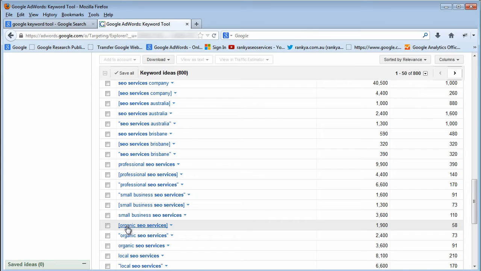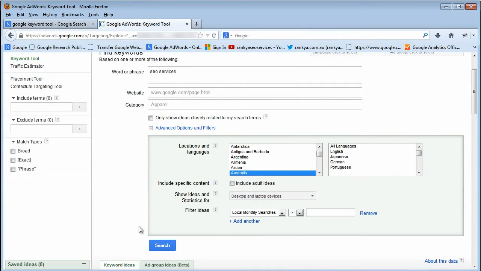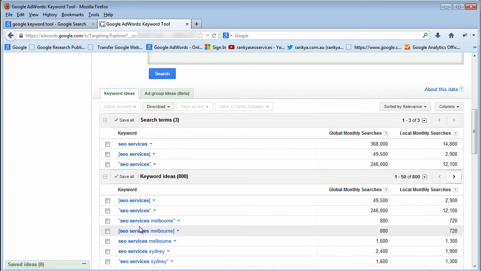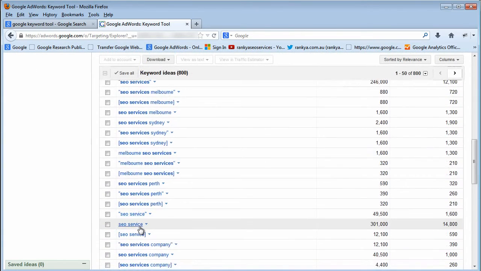For them to be able to put that into the search box, organic SEO services, they must have read something about SEO and so on. This is how you use this tool to gain that insight, that intent of your visitor, right?